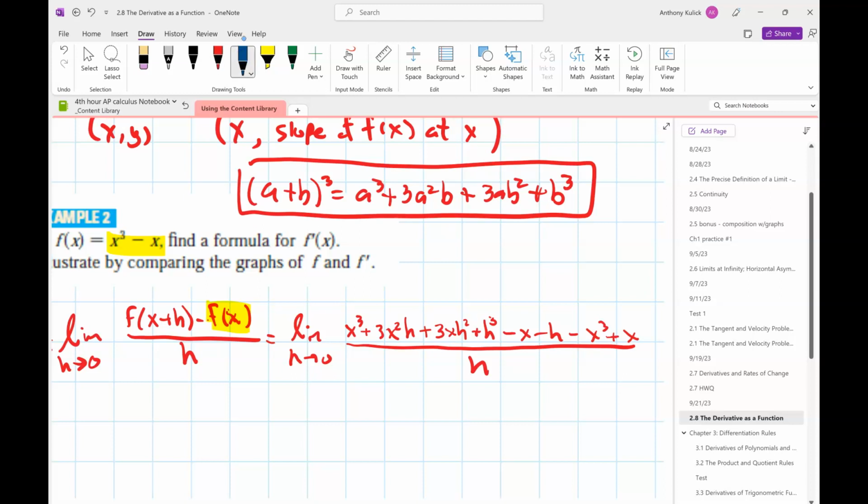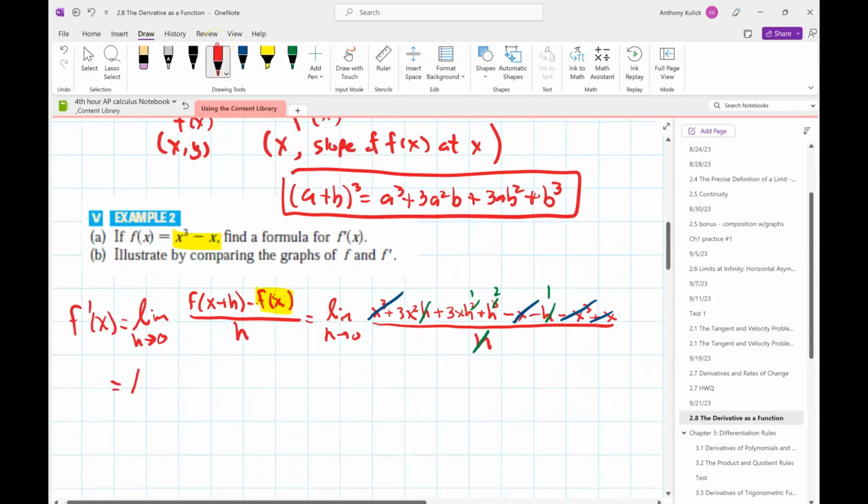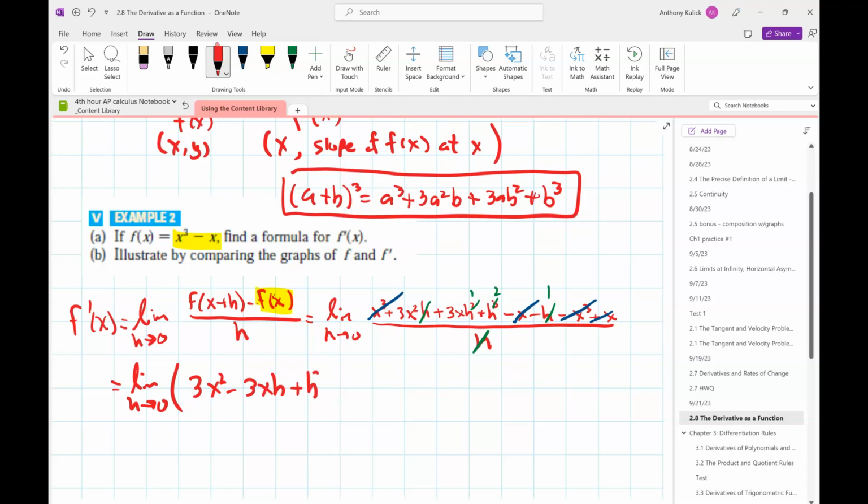All right, let's combine some like terms. So x cubed and x cancel out. Everything else has an h in it, so let's reduce some h's. So we have 3x squared plus 3x h to the first plus h squared minus 1.